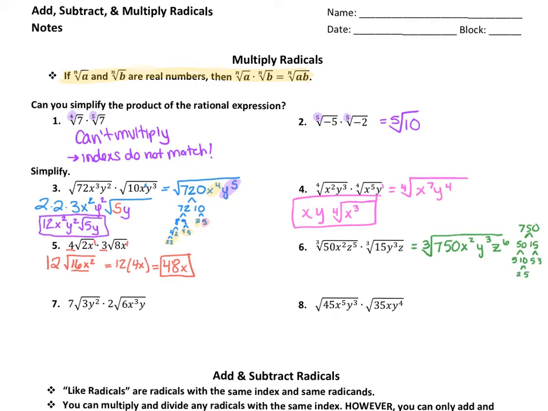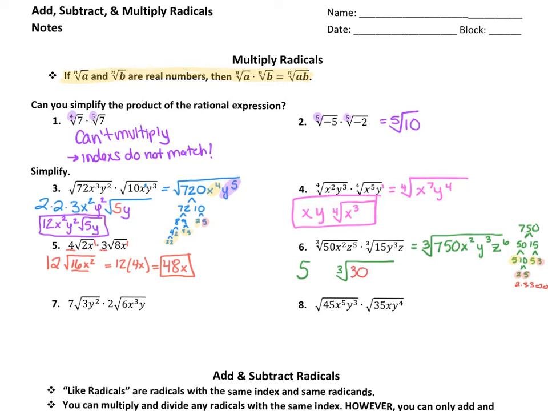Again, I'm looking for groups. I have a group of three 5s, and my 5s will come out, so I'll have a 5 on the outside. On the inside, I'm going to have a 2 times 3, so I'm going to have a 6 on the inside.